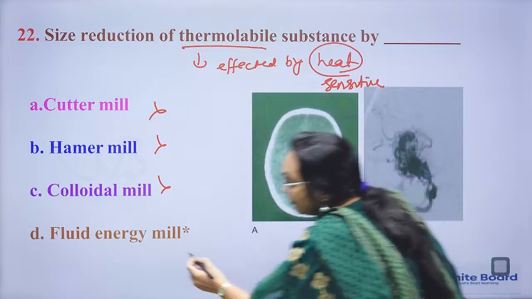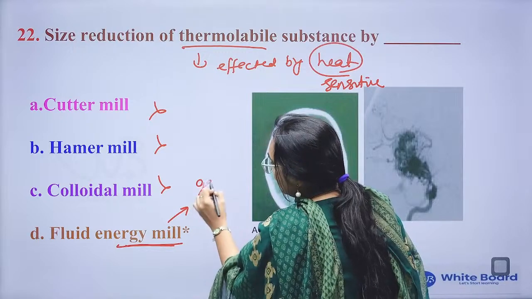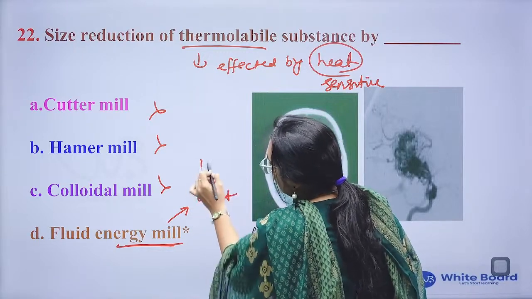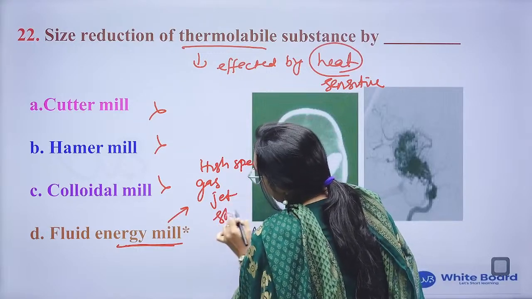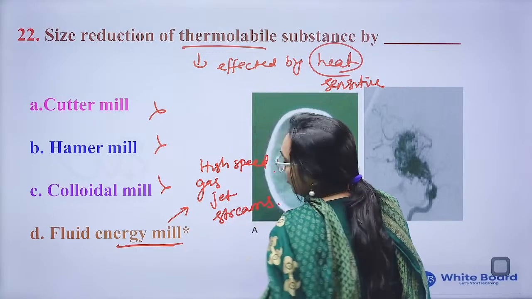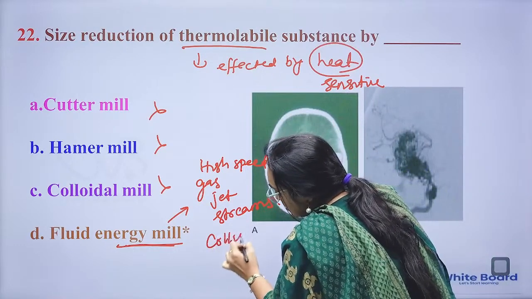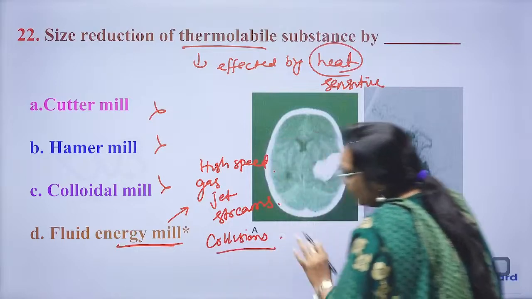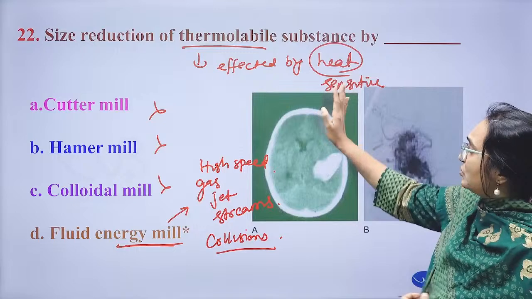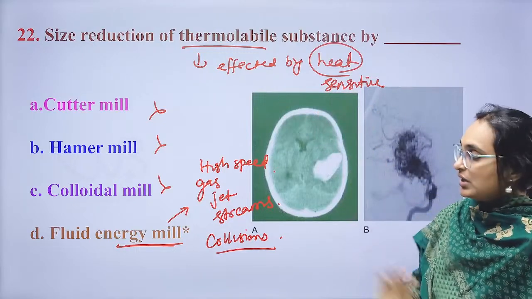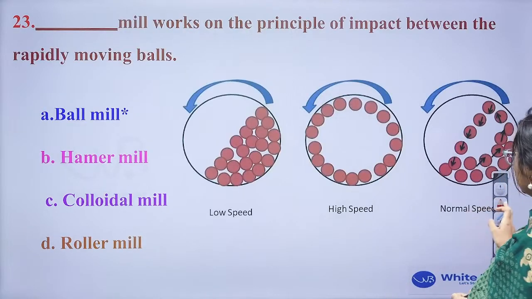We will use fluid energy mill for thermolabile substances, where gas or jet streams are passed at high speed in order to make collisions so that high heat is not generated, and heat sensitive substances will not get affected. So, fluid energy mill is the one which will do that work. So, option here is D.